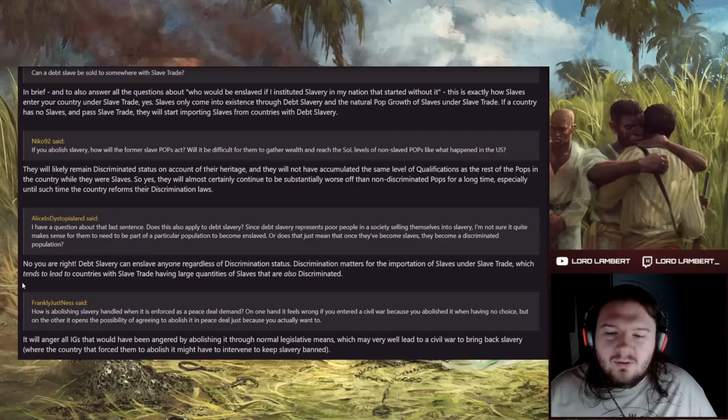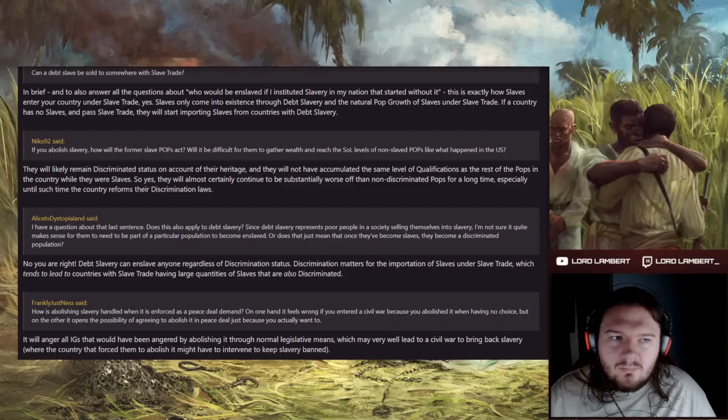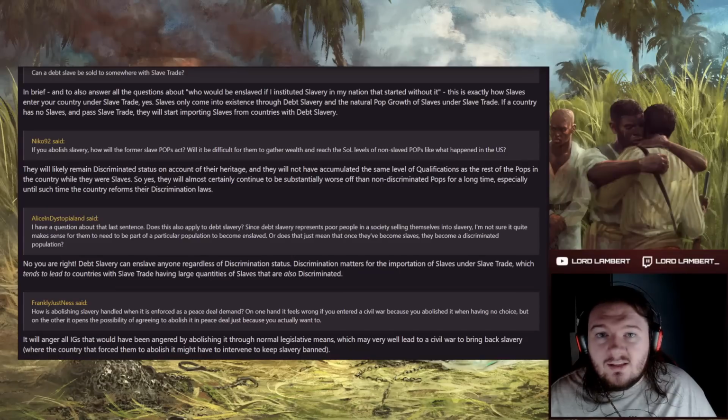Earlier on they said that the USA may have some more flavor with their Civil War. So maybe afterwards there's going to be things like the Jim Crow laws coming into effect.